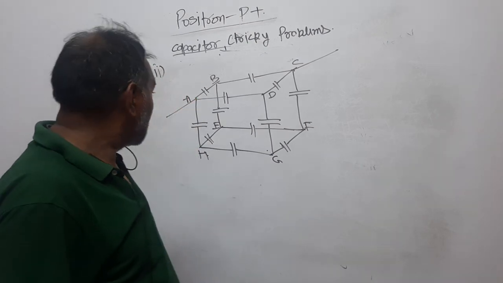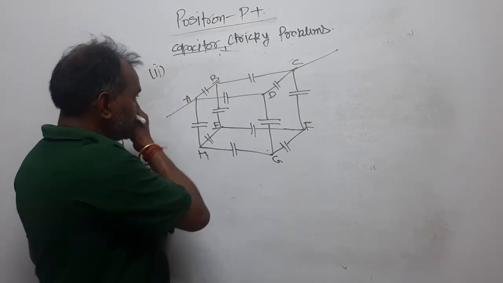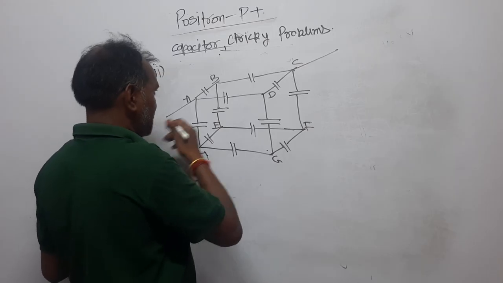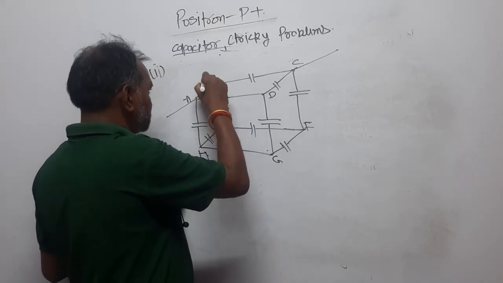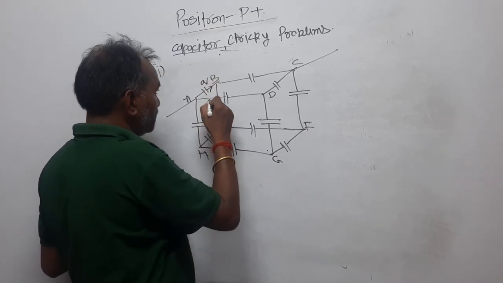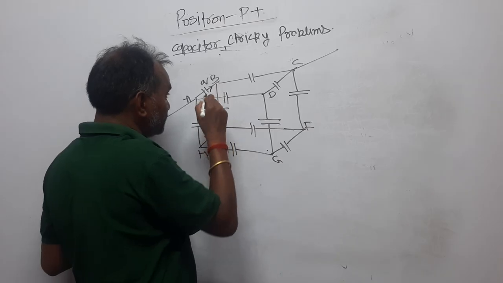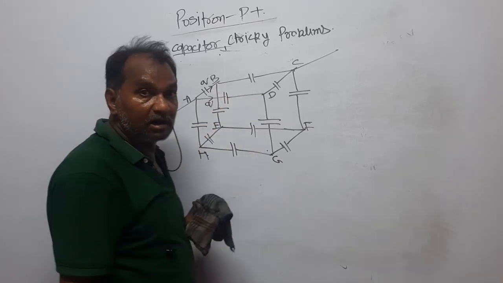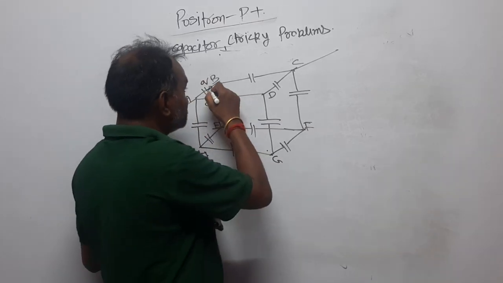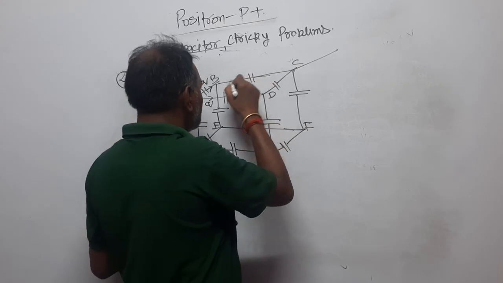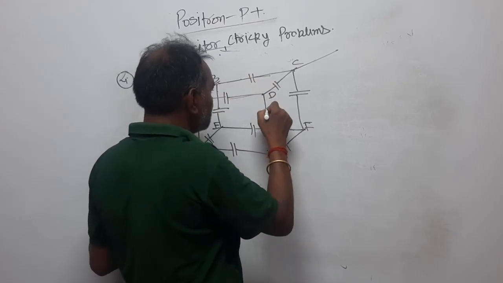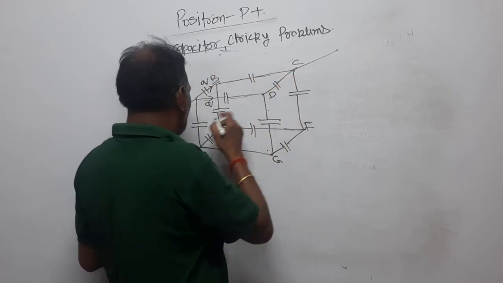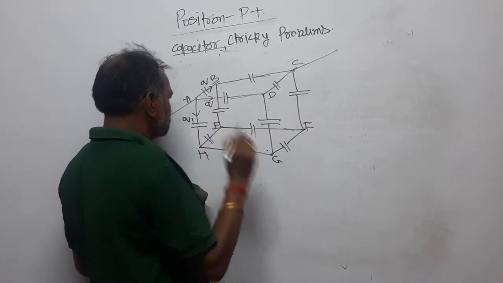Actually, let charge Q be passing through this one. Then the same charge Q will pass through this terminal also. Why? Because this charge has to pass through this, and this charge has to pass through this. And let charge Q1 be passing through this.